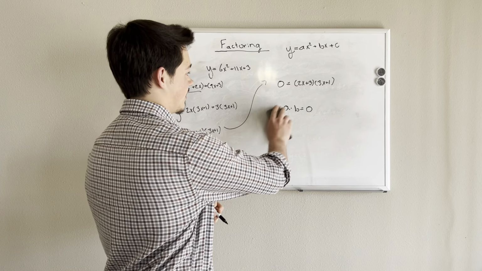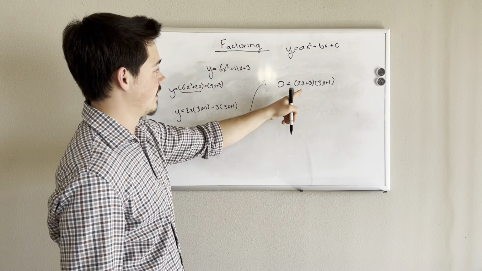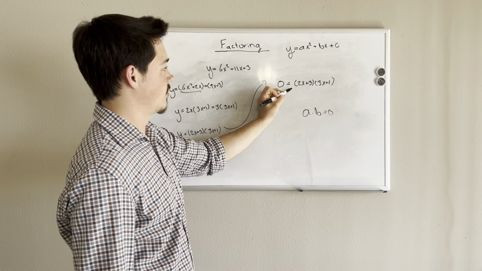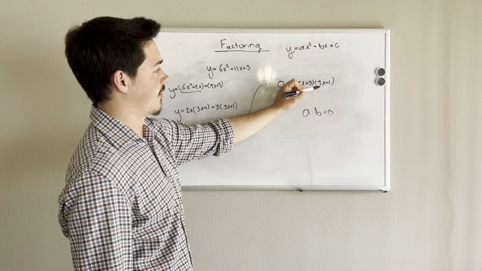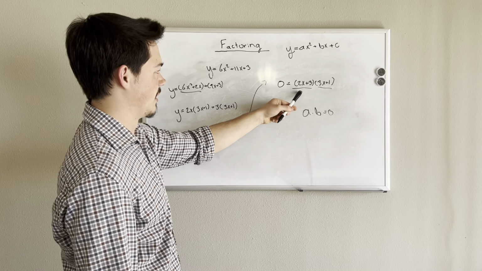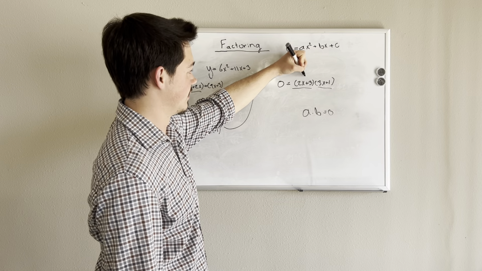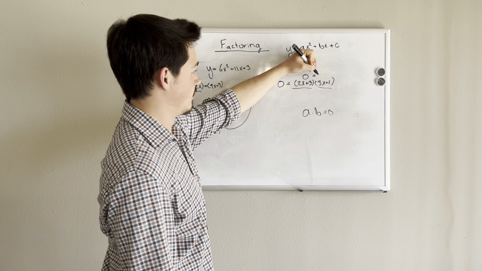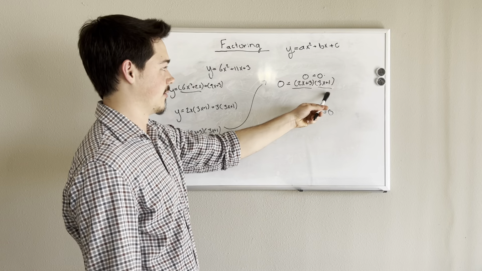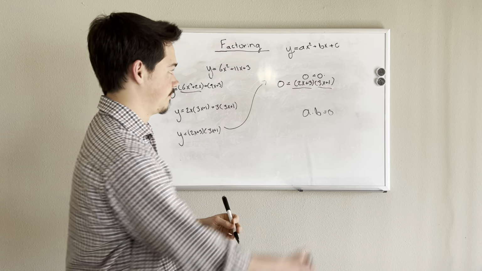So what this means for us in the context of factoring is that, let's say our first term 2x plus 3 is equal to a, and our second term 3x plus 1 is equal to b. If a is equal to 0 here, that would mean this is equivalent to saying 0 is equal to 0 times this, which would be true because 0 times this would be 0.